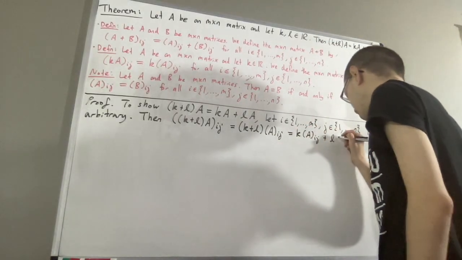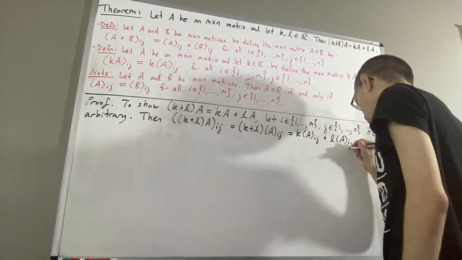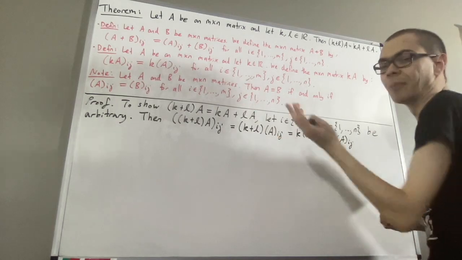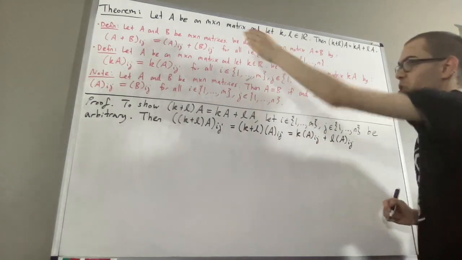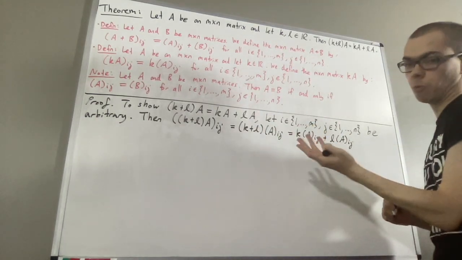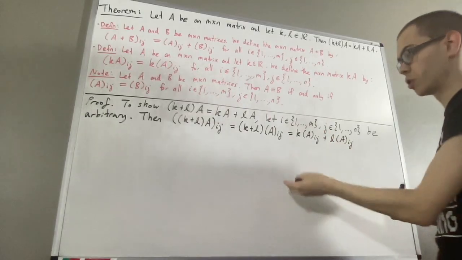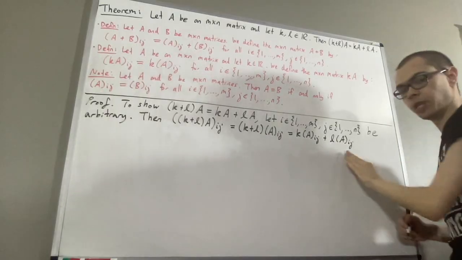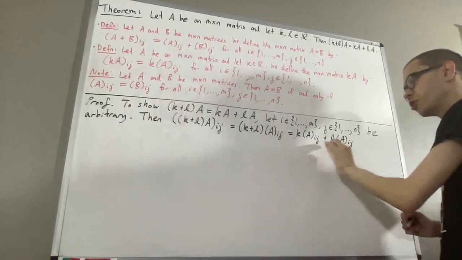Just like this. And the reason why we're allowed to do that is because all of these guys are just numbers, right? The entries of a matrix are real numbers, or complex numbers, whichever one you're working with. So we can distribute across this parentheses, and we get this. So then what can we do right here?